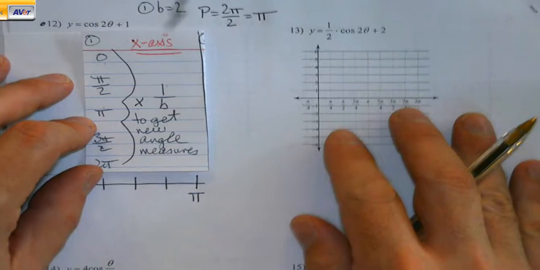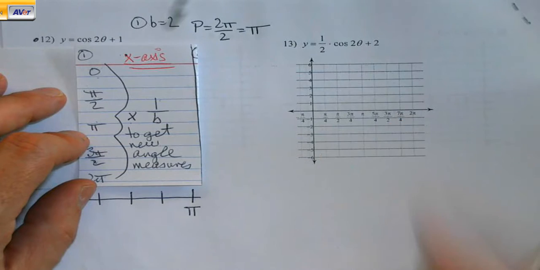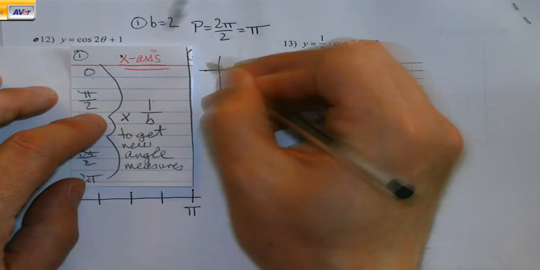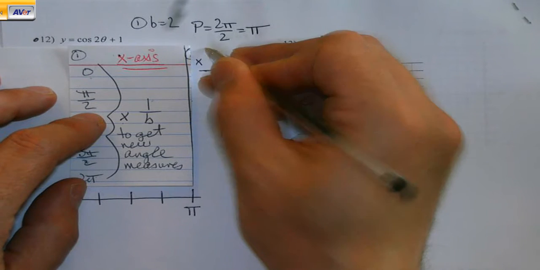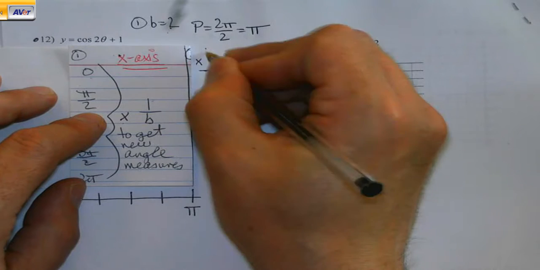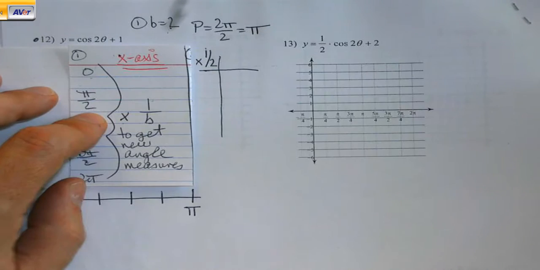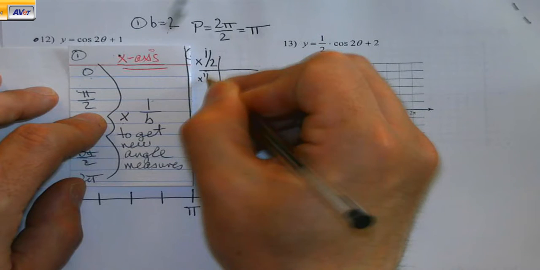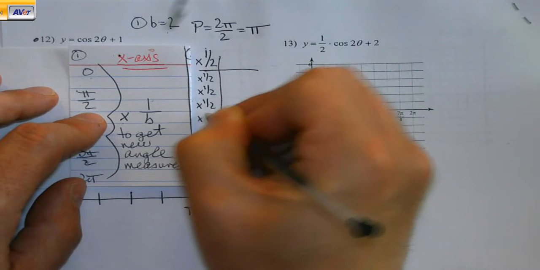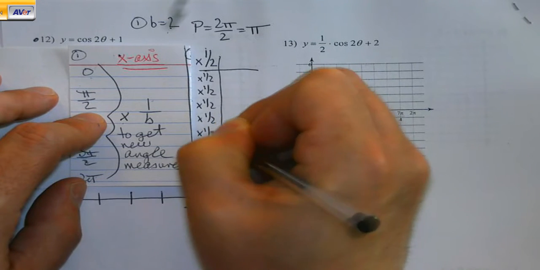Now remember, and I spoke about this before this video started, when I'm going to make my values, it's 1 over b. Okay? So we're multiplying by 1/2. We're not multiplying by 1 over pi. Okay, it's not the period. It's just taking that b value and flipping it over, multiplying by its inverse.